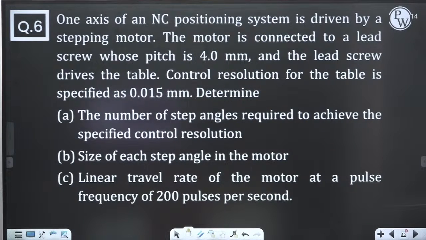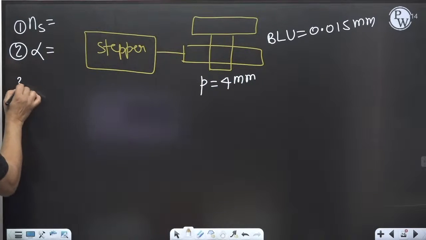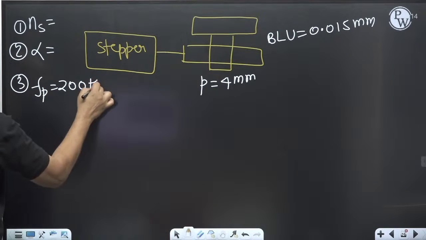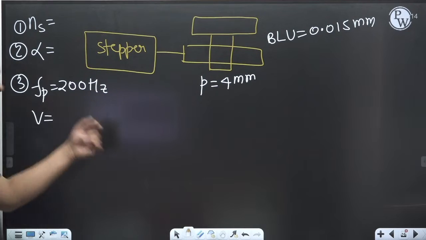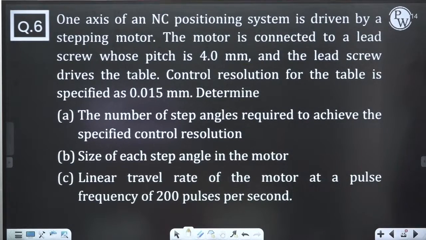Then, the linear travel rate of the motor at the pulse frequency of 200 pulses per second. If Fp is 200 hertz, what is the velocity? This is the data and this is the problem.